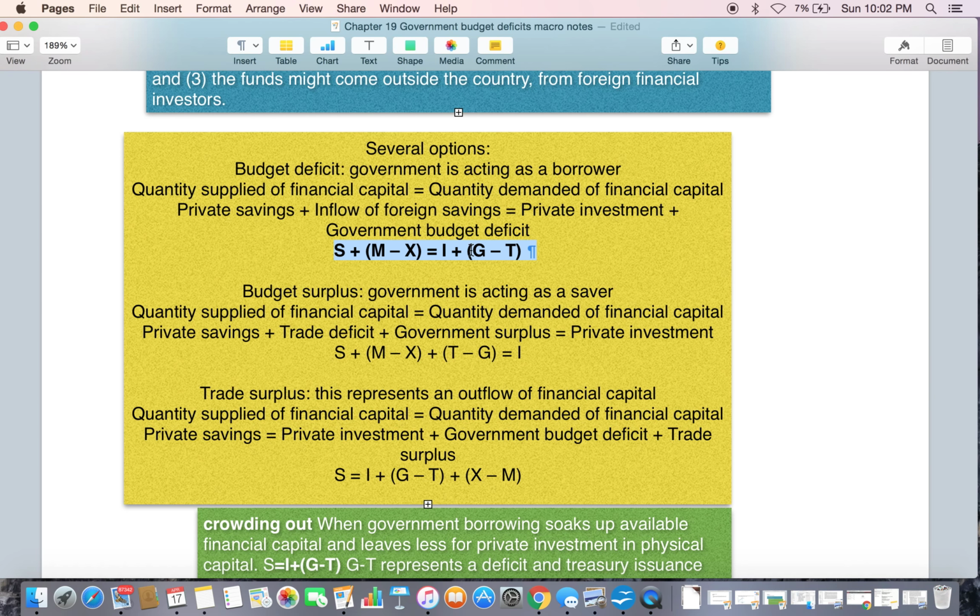But one could say, well, is it possible that if government expenditures were to increase, and so the government is a borrower, and they're going to have to issue treasury debt to cover the gap between what their expenses are for the year and how much they receive in tax revenues, well, could this be covered primarily by an increase in savings? Maybe it happens, maybe it doesn't.